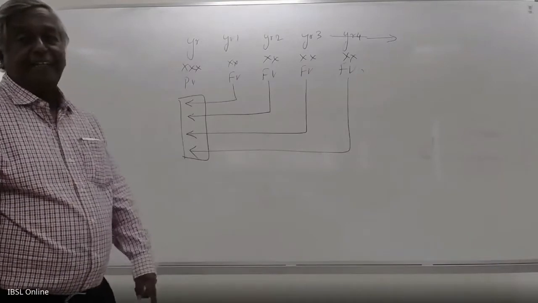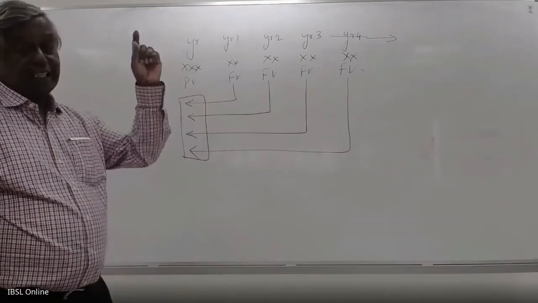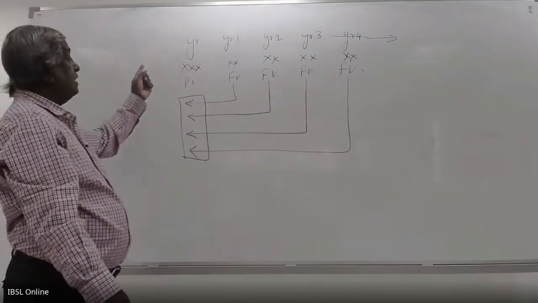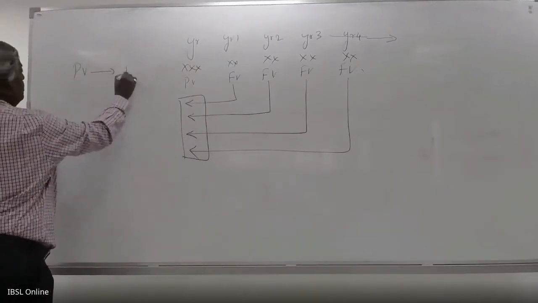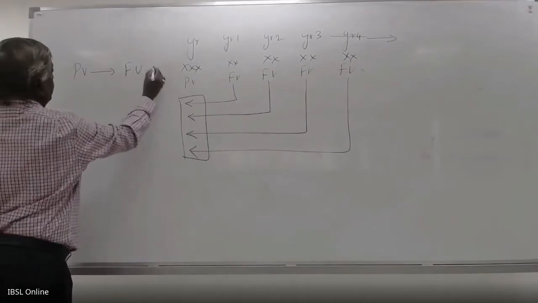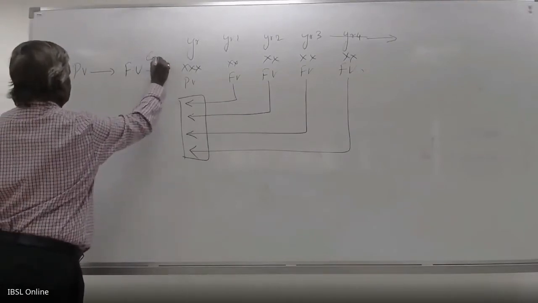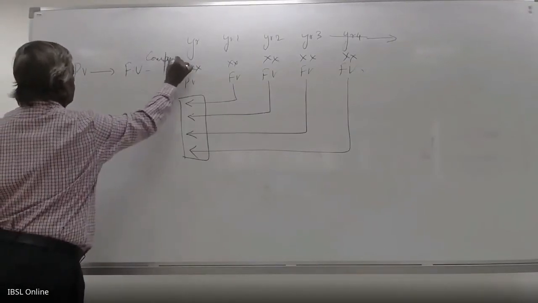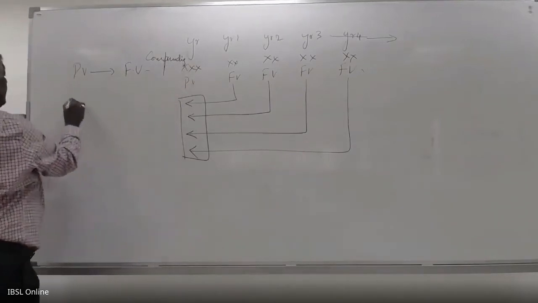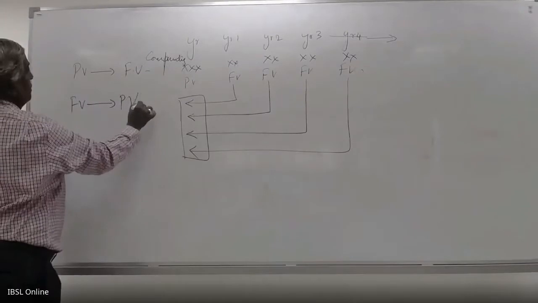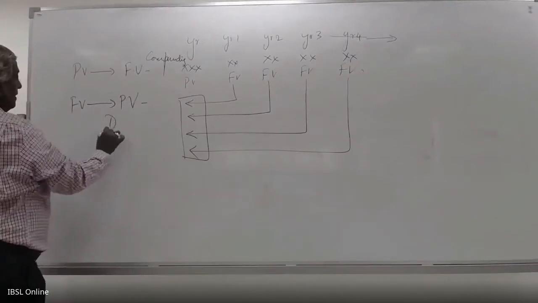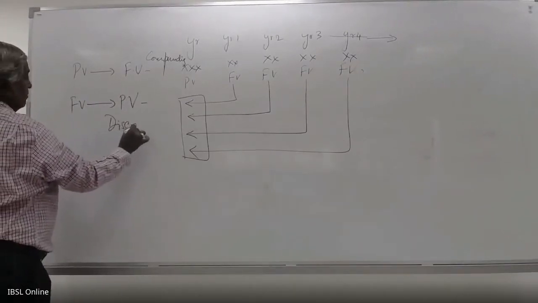So this technique, what we have learned earlier, converting present value to future value is compounding. Now converting future value to the present value, this is discounting.